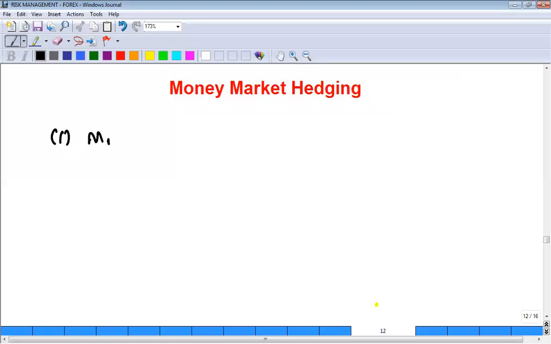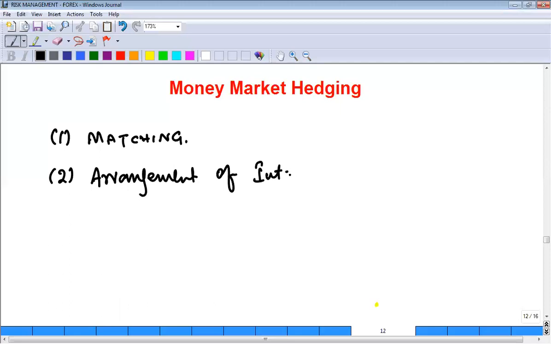Number one, matching, and number two, money market hedging is actually an arrangement of interest, that is, local currency and foreign currency interest, involving borrowing and lending. So before starting this topic, two things need to be clear: number one, matching, and number two, arrangement of interest.